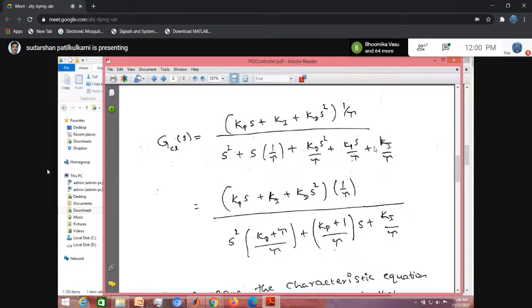Even then, we will compare with the standard second order system by considering the two poles which are closer to the imaginary axis. When you consider only the two poles closer to the imaginary axis, which we call the dominant poles, you have a second order equation. You can then compare this second order equation with the standard second order characteristic equation.